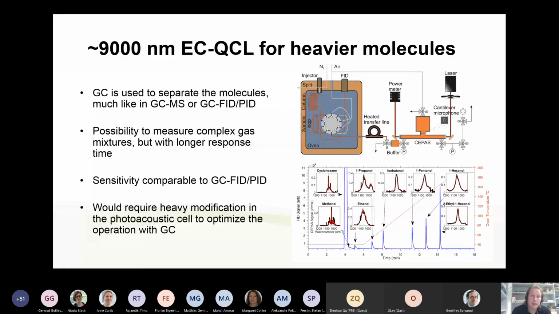So in a way, the sensitivity will also be diluted when we do this. And it's good to remember that the effective volume of the cantilever photoacoustic cell in this system is around 2 or 3 milliliters, and that's still a bit too much as compared to what is coming out from a GC.